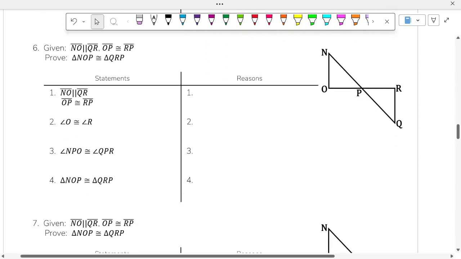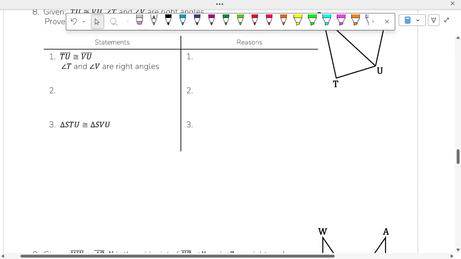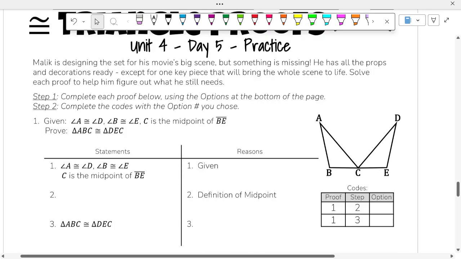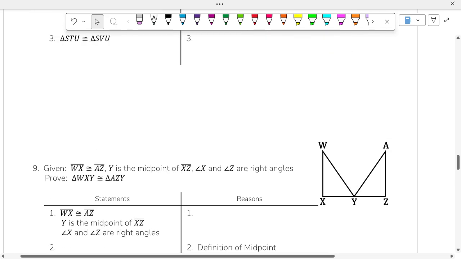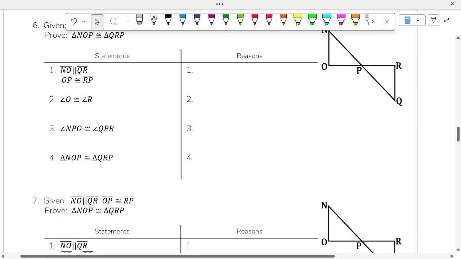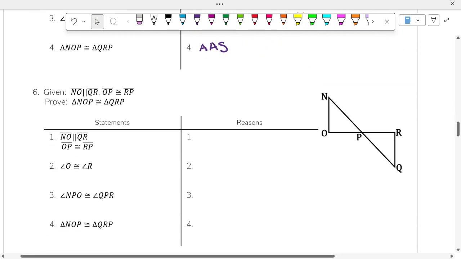Also, what I'm also going to do is, if you guys finish this packet, so this proof packet, and you submit those pages into Canvas, I'll give you extra credit. I'll talk about that a little later, but I'll make a submission link on Canvas. I don't know what kind yet, but it'll be of some kind.